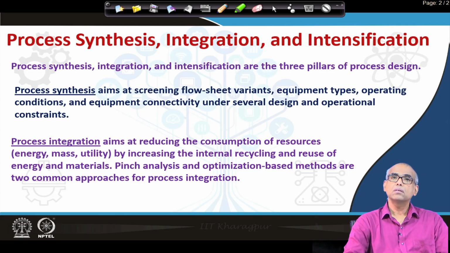So, wherever it is possible, we must try to recover heat or energy by adopting an appropriate energy integration or heat integration strategy. The same holds true for mass integration.